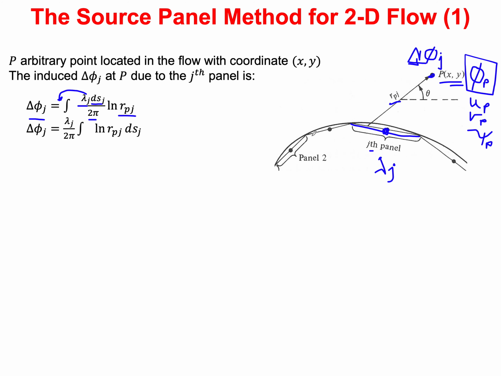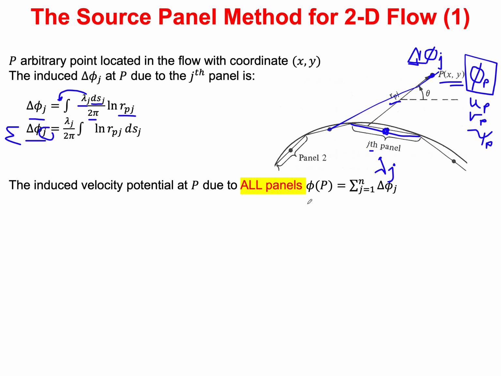Each panel J contributes a delta phi here. So I then have to sum them all up. I'll have to sum up all those delta phi j's, the contributions from each panel to the point P. So you sum them all up, you get the velocity potential function at point P, and as I said, you can do the same story for each one of the others, but we're sticking with the velocity potential function.